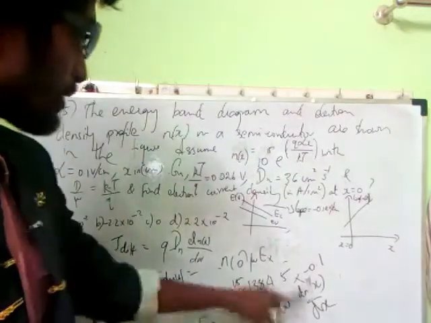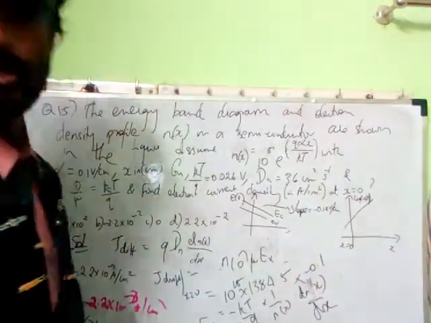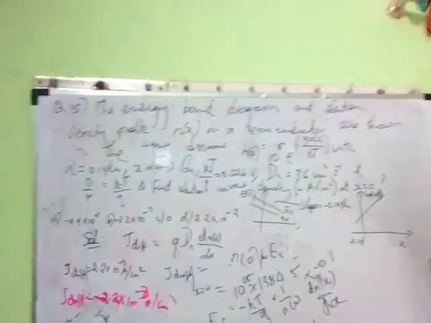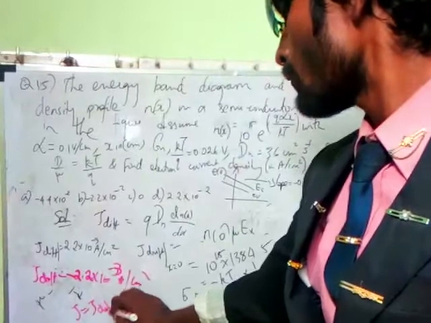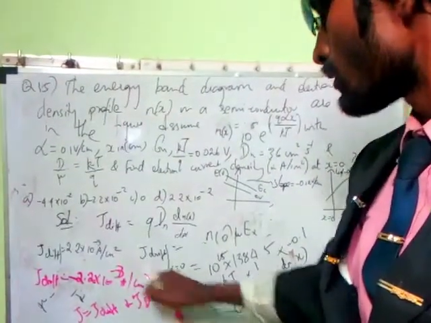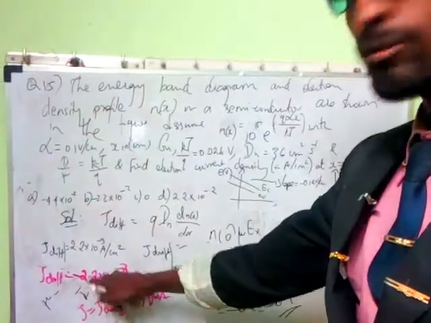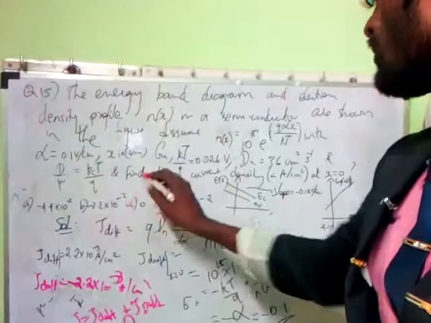What's the total current density? You have to add the J drift as well as the J diffusion. J is equal to J diffusion plus J drift. So 2.2 plus minus 2.2 is equal to 0. The answer is 0. Option C.